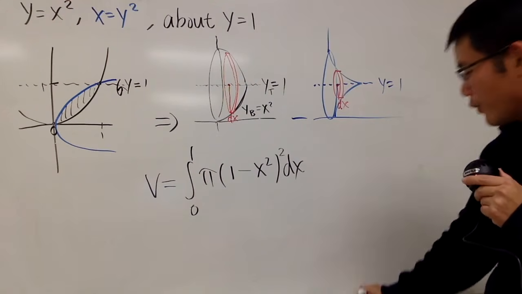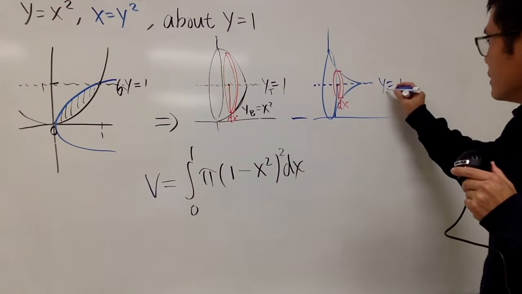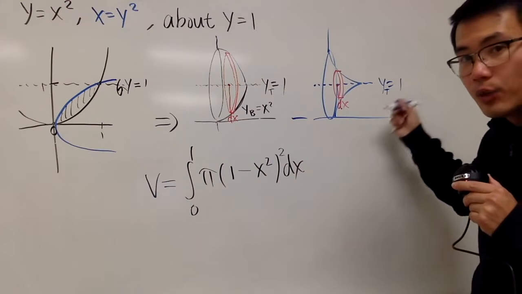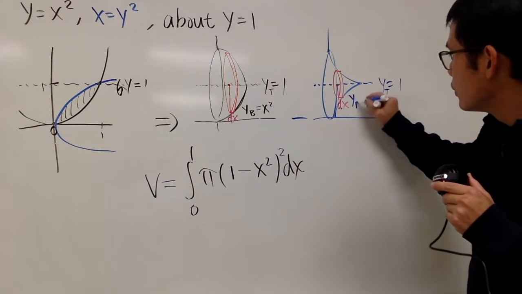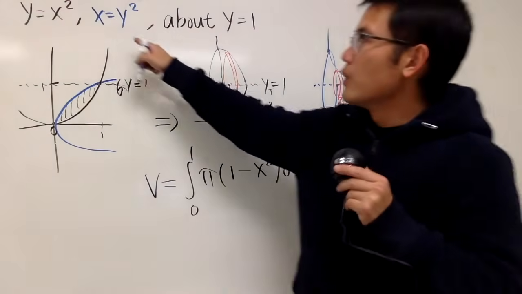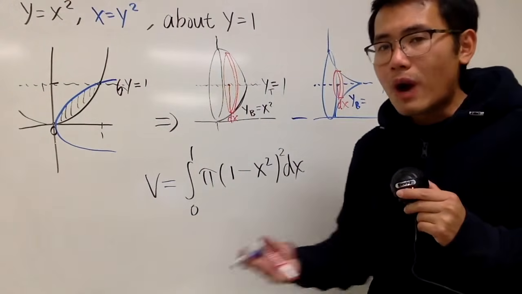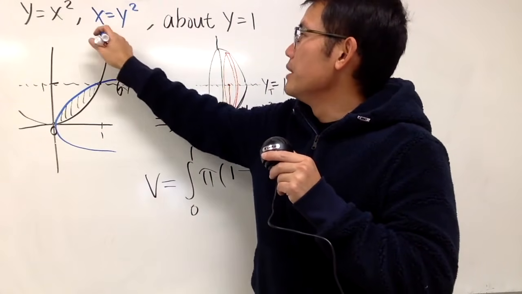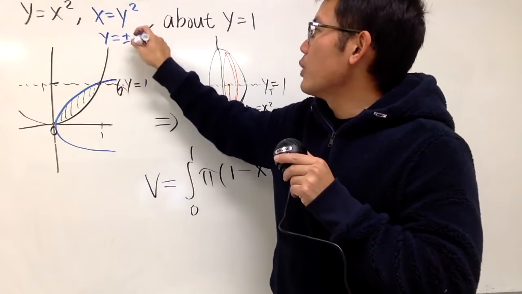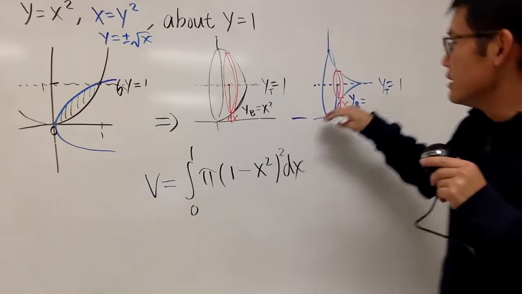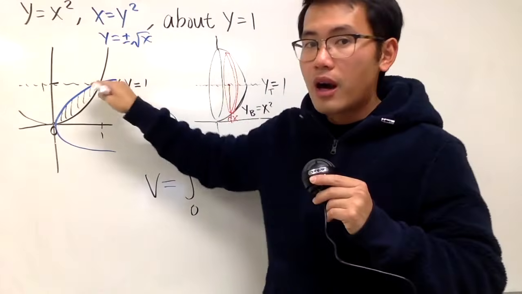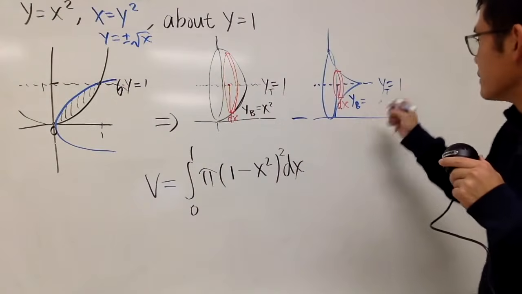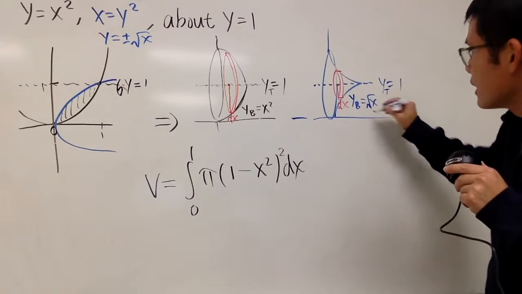And again, for this one, the y on the top is 1, and then the y on the bottom is, well, this is what though? We need y to be in terms of x. So right here, I will just take the square roots on both sides, meaning I get y is equal to plus minus square root of x. But this is the positive square root part, so we don't look at the negative. So the bottom y is square root of x right here.